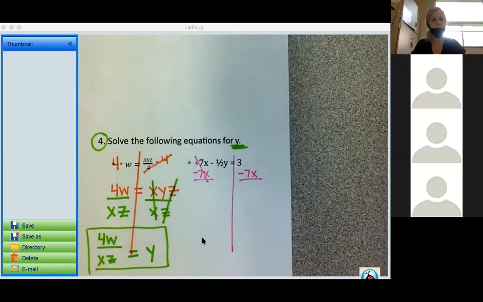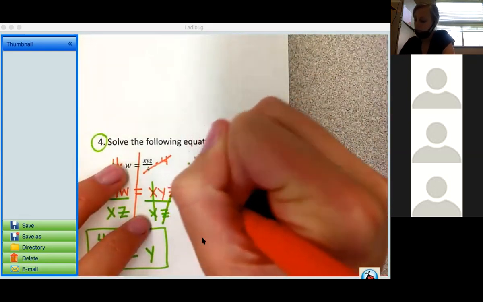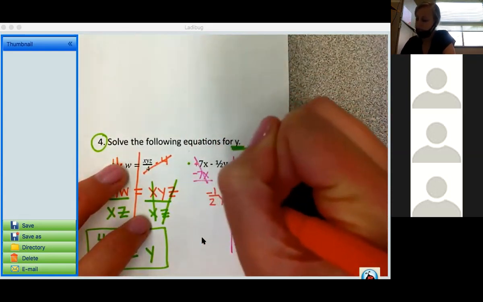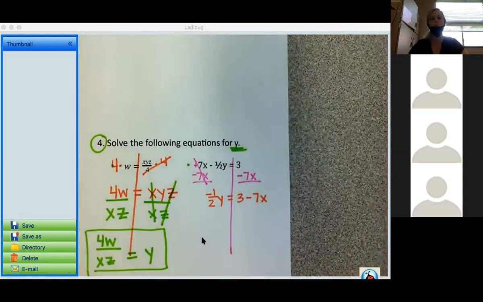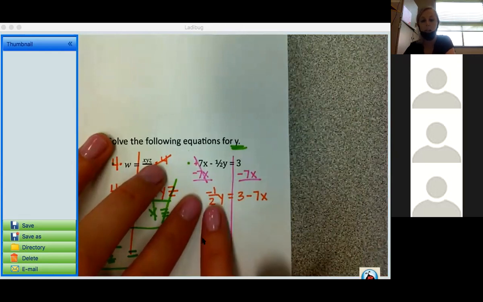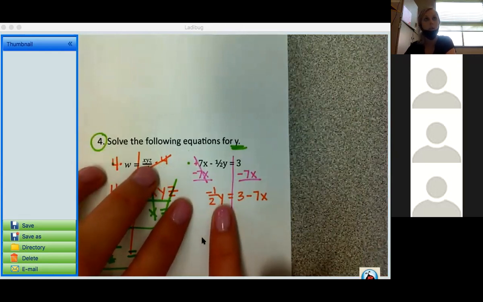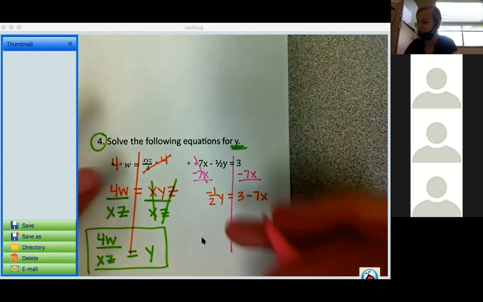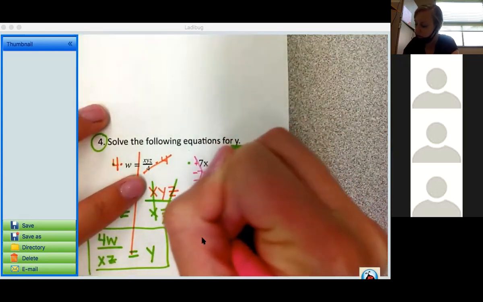So talk to me, what am I left with? Equals, she said 3 minus 7x. Beautiful. Questions so far? All right, so now how do we get the y by itself if the negative 1/2 is touching it? Divide by -1/2. Oh, good. Listen to these smart children.